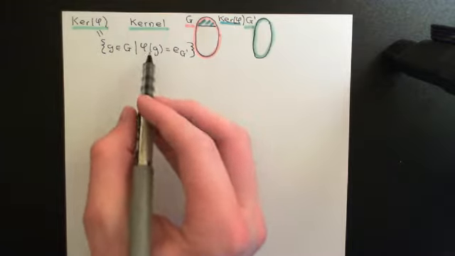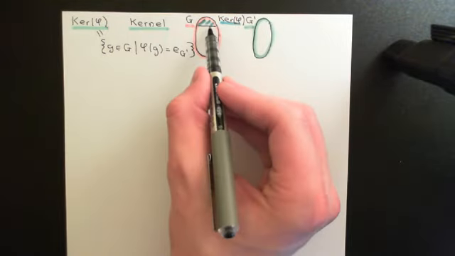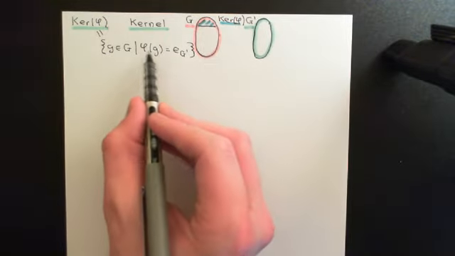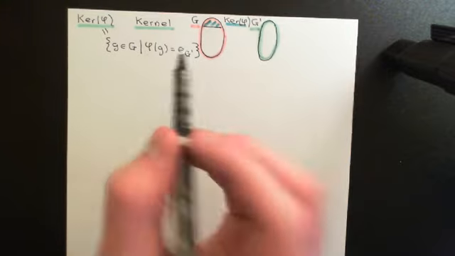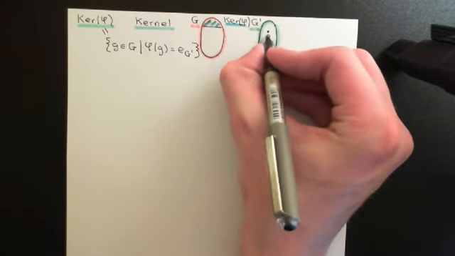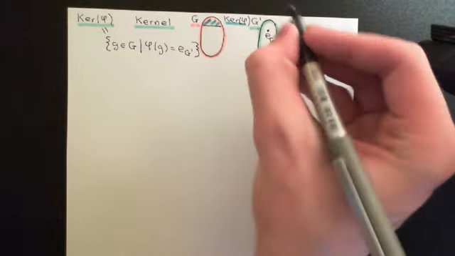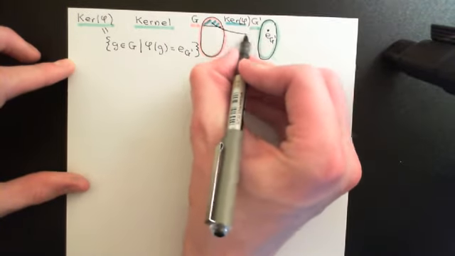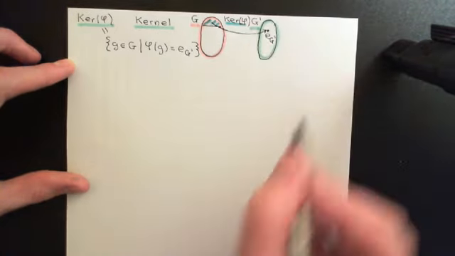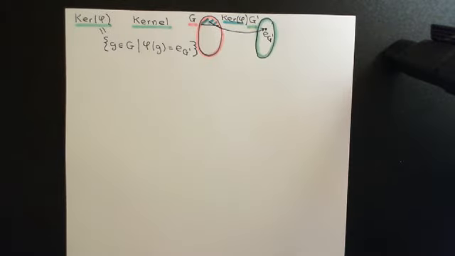So what this says is it's all elements of the domain group which are mapped onto, by the homomorphism phi, the identity element in the codomain group over here. So all of the elements in the kernel of the homomorphism are going to be mapped onto this one element, which is the identity element in capital G prime.